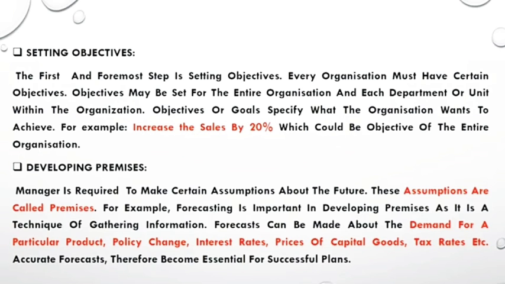For example, forecasting is important in developing premises as it is a technique of gathering information. Thus, forecast can be made about the demand of a particular product, policy change, interest rates, price of capital good, tax rate, etc. Accurate forecast therefore becomes essential for successful plans.